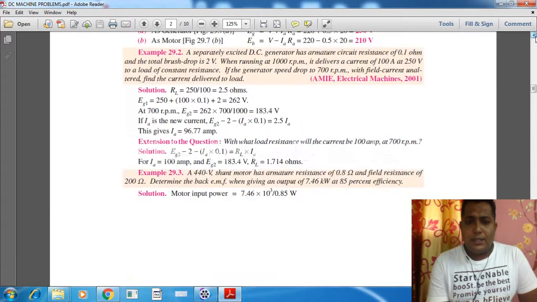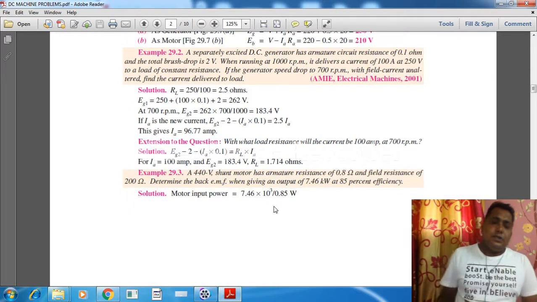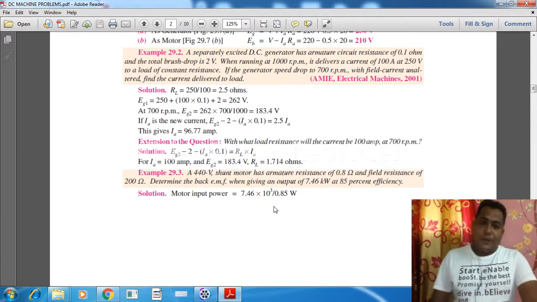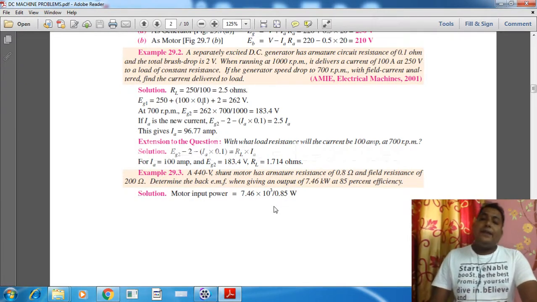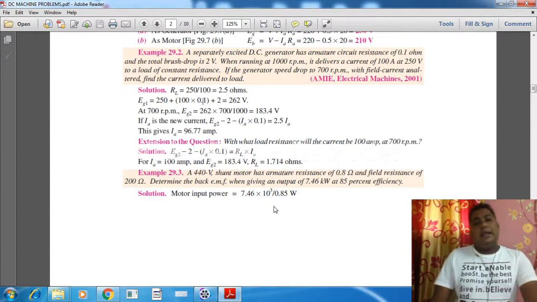Yes, let us check what is the problem over here. This is example 29.3. In the problem it is told that a 440 volt shunt motor has an armature resistance of 0.8 ohm and a field resistance of 200 ohm. Determine the back EMF when giving an output of 7.46 kilowatt at 85% efficiency.